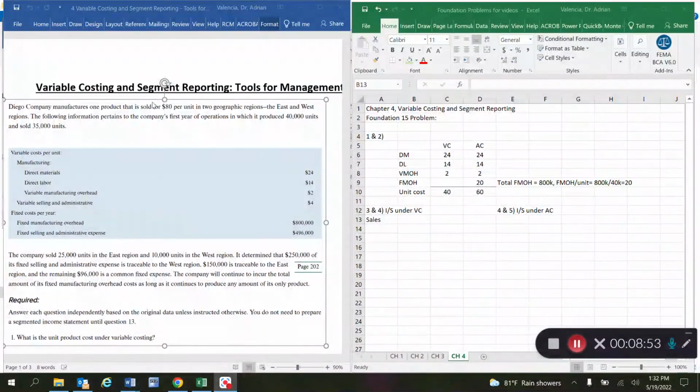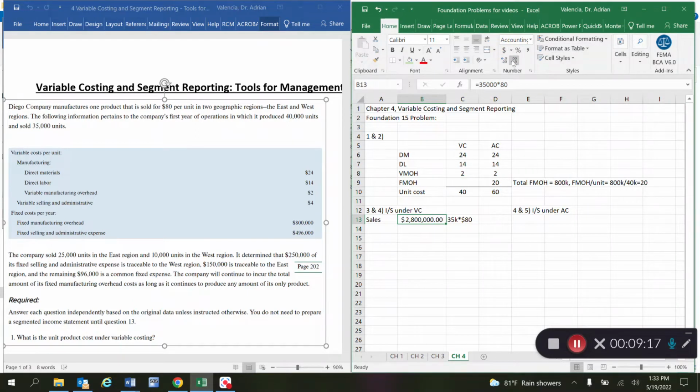Oh, here it is. So we sell each item for $80. So this is going to be 35,000 units times 80 per unit. Okay, and that ends up being $2,800,000.